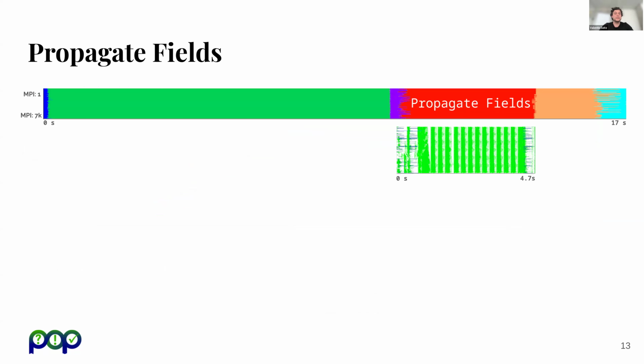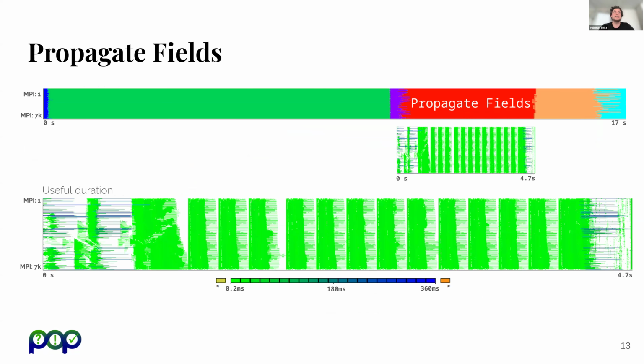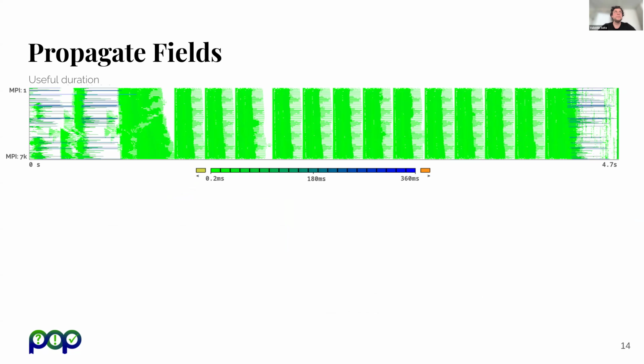Now moving on to the next region of interest that we said we want to analyze, basically the field solver, so propagate fields. Where again we can already see some structure, but let's have a closer look. So in here, we basically see in the beginning some weird behavior, in the end some very white regions and blue spikes.